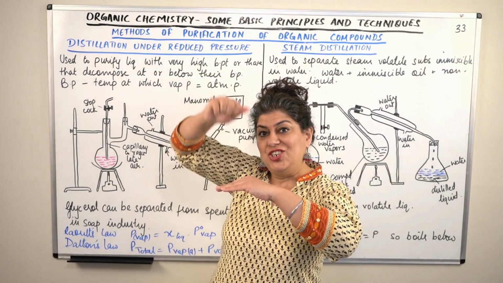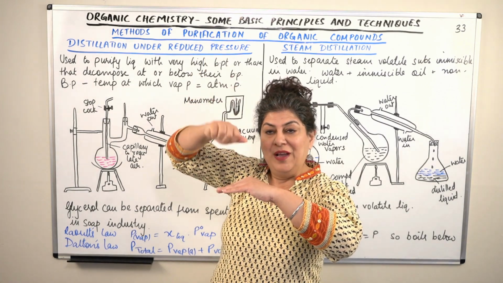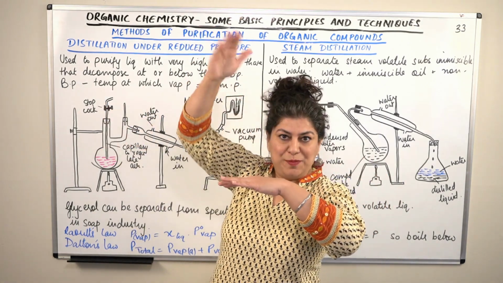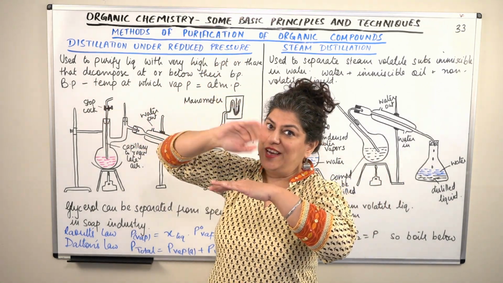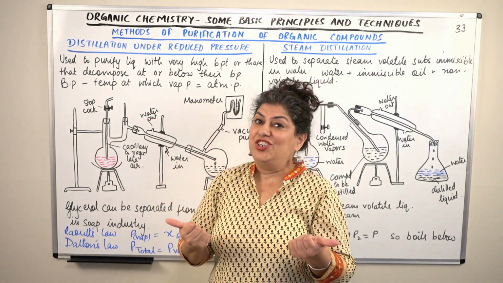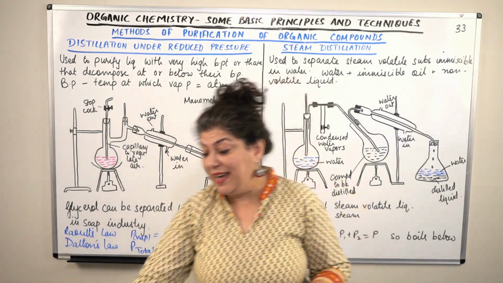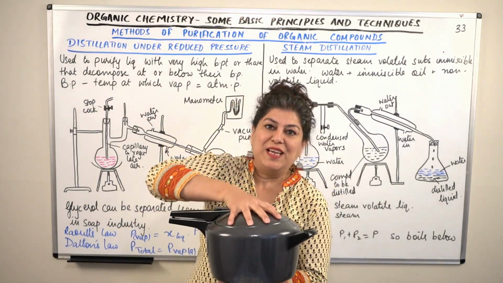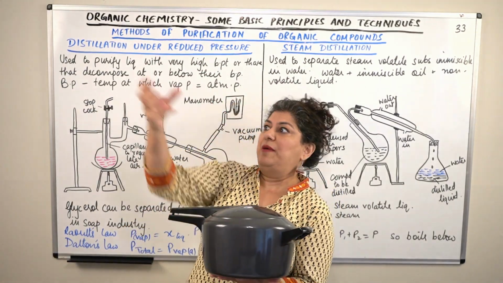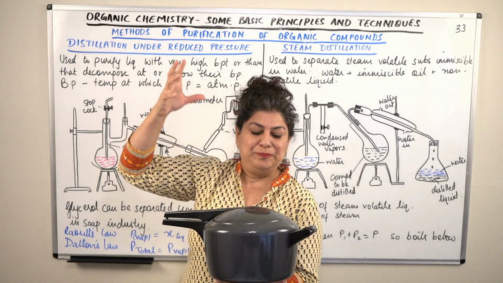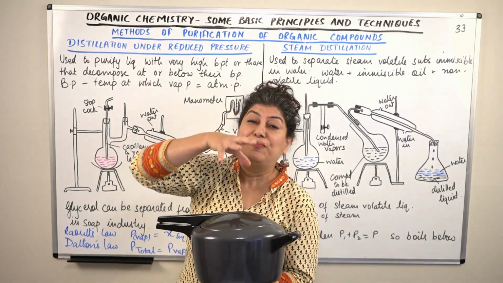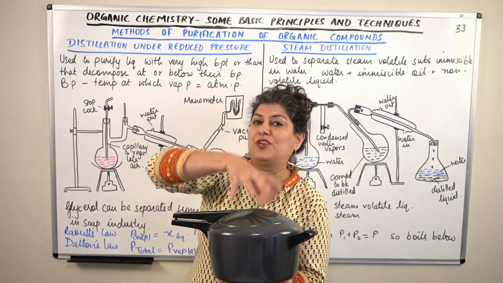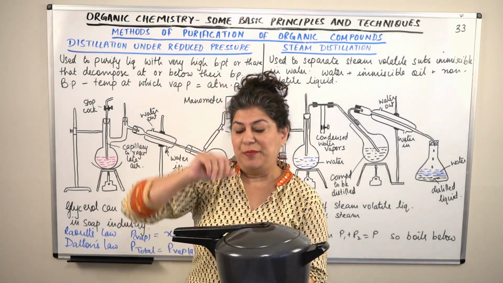If we change the external pressure, which in the normal case is atmospheric pressure, we can change the boiling point. In the case of the pressure cooker, we increased the pressure by not allowing the vapors to escape to the atmosphere. Therefore, the pressure was far higher and therefore the water was boiling at a higher temperature.